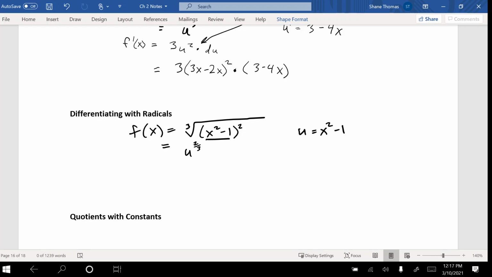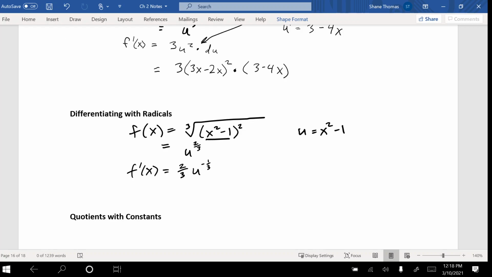Still with me? Okay. Now, from there, let's find what f prime of x would be. So f prime of x would be 2/3 of u to the 2/3 minus 1, which would be what? Negative 1/3.